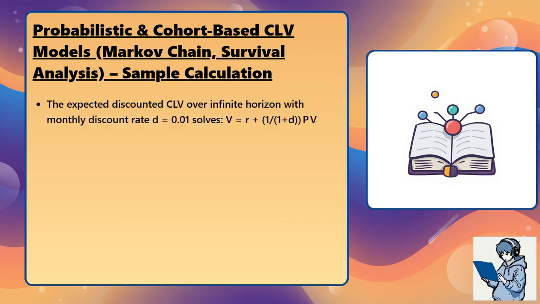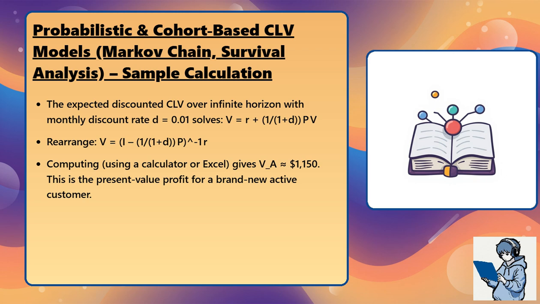The expected discounted CLV over an infinite horizon with monthly discount rate d equals 0.01 solves V = R + (1/(1+d)) × P × V. Rearrange: V = (I − (1/(1+d)) × P)^(-1) × R. Computing using a calculator or Excel gives V approximately $1,150. This is the present value profit for a brand new active customer.